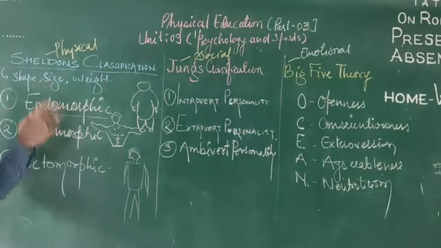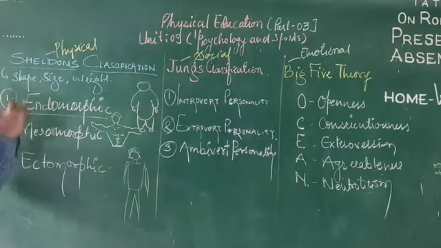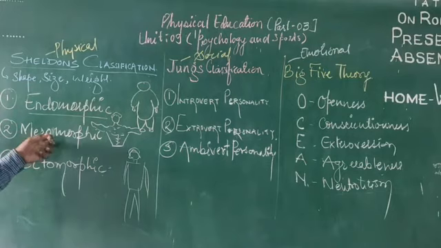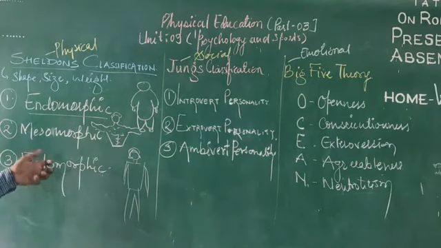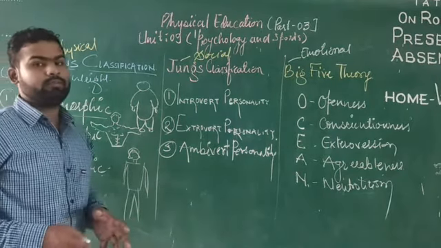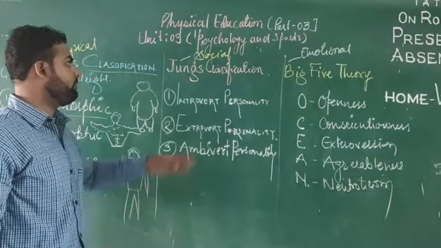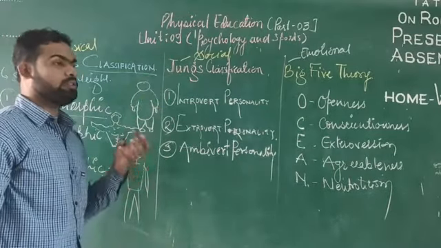When we talk about William Howard Sheldon's classification, it is of three types. Endomorphic means a person who has a great amount of fat in their body. Mesomorphic means a person who is fit and fine in terms of physical fitness. Ectomorphic means a person who has a very thin body. Jung's classification is based on social dimensions.